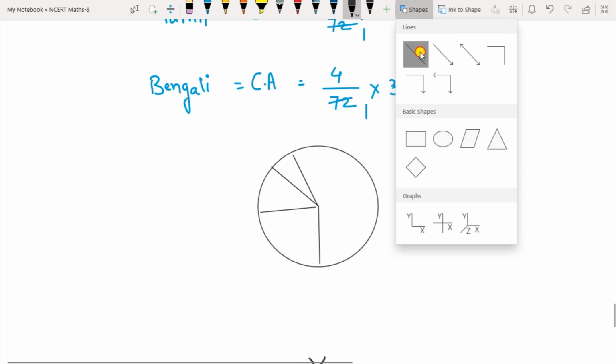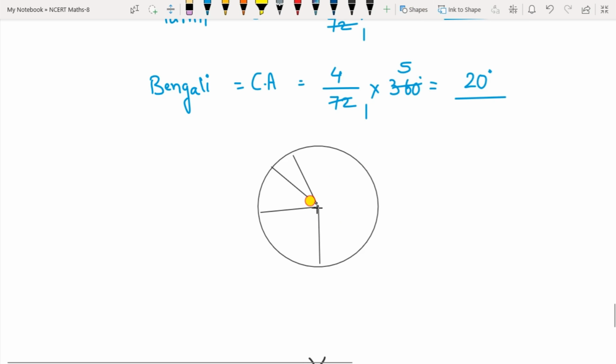Let me draw it properly. If you draw it with the scale, it will be a proper one.